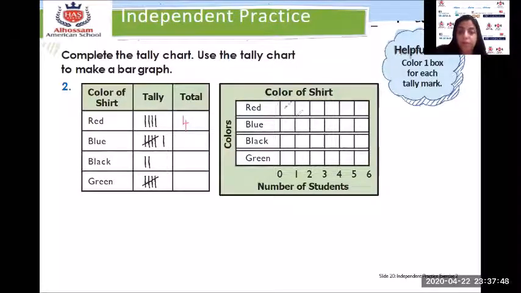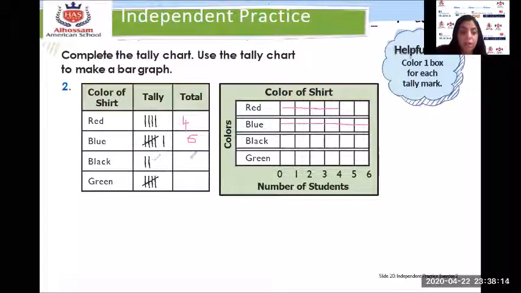So here I have to color 1, 2, 3, 4 boxes. How many people chose blue? 5 and 1. Here I'm going to write. I'm going to color 6 boxes.